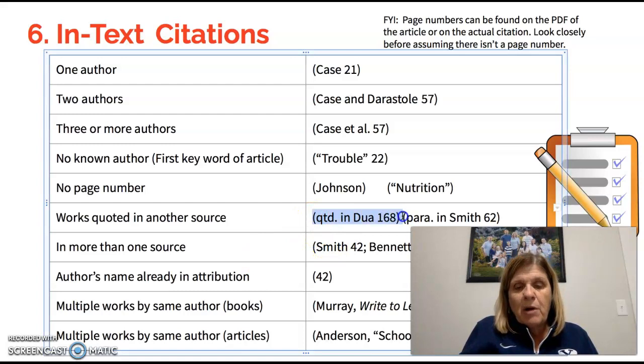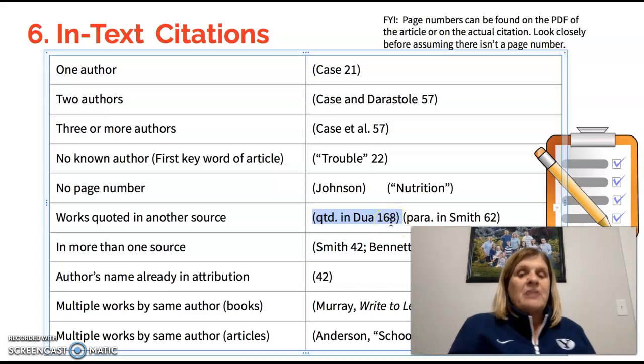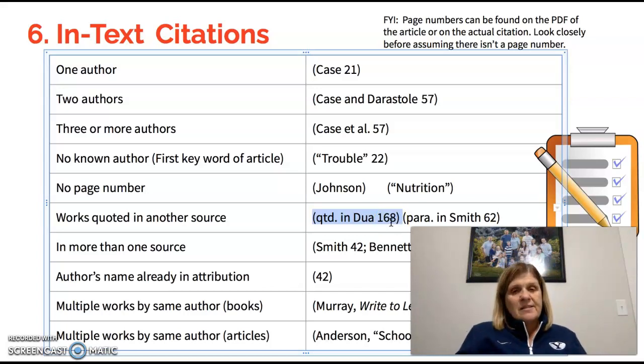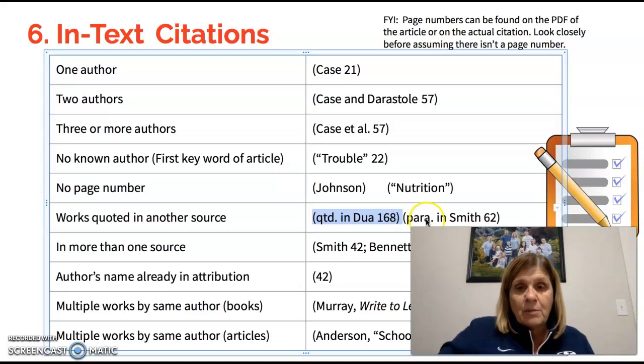If you borrow something from a source where it's in quotation marks in the article, now you're using it, you have to put whoever said the information in the sentence. And then when you get to the citation, you use an abbreviated form of quoted, qtd, notice it's lowercase, and put the author of the article's last name along with the page number.